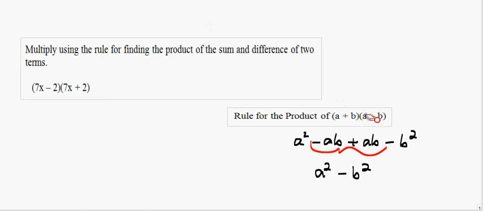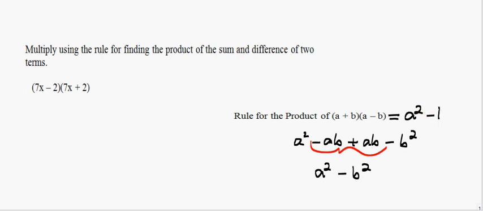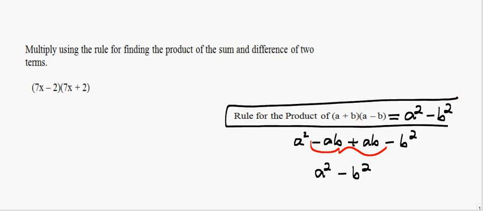If we take the product of the sum of a plus b times the difference a minus b, the result is just a squared minus b squared. It's the first term squared minus the second term squared. So that's the rule they're talking about. And if we use that rule to multiply these two together, we would say, okay, what's the first term squared?